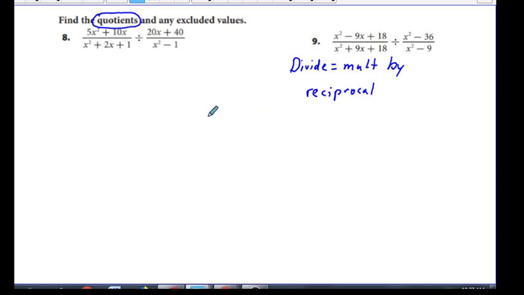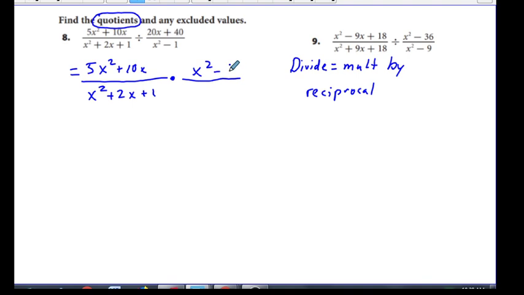Okay, so what we're going to do is rewrite this rational division problem as 5x squared plus 10x over x squared plus 2x plus 1, and we are going to multiply by the reciprocal of this second rational expression, which is going to be x squared minus 1 over 20x plus 40.